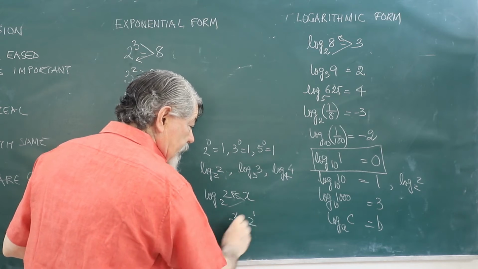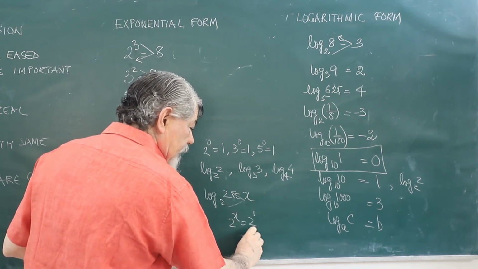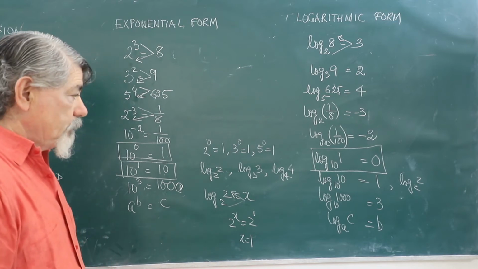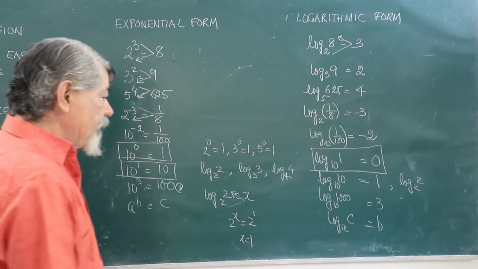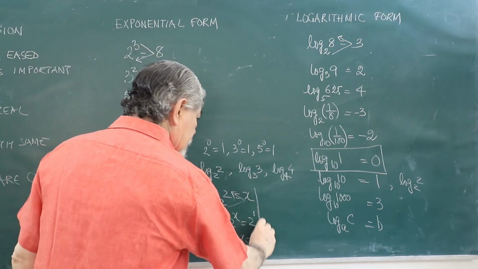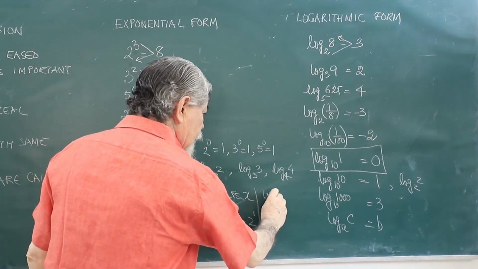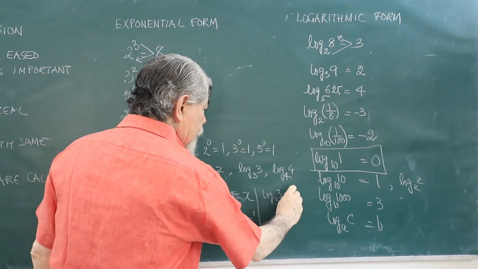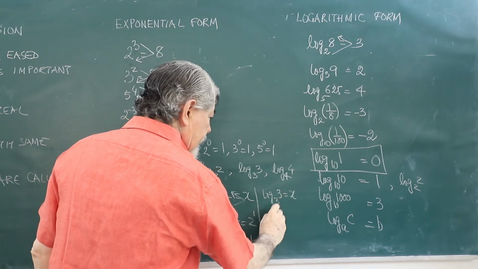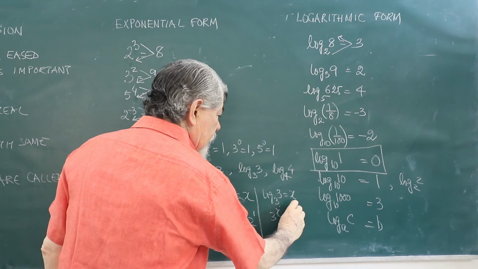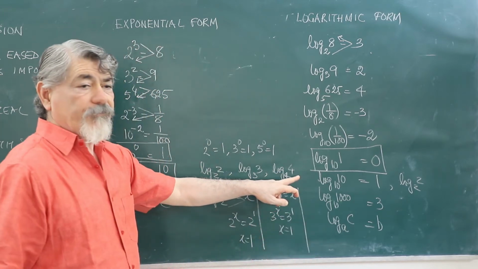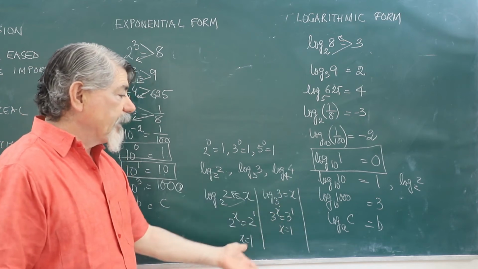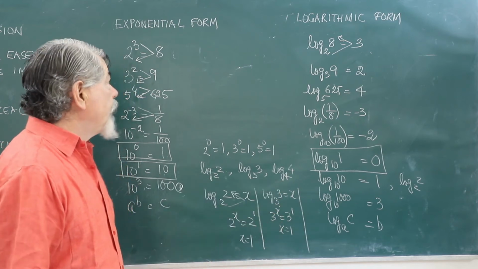That means 2 to the power x is 2, so x will be 1. So when the base is the same, the logarithm will be 1. Like log 3 to the base 3 is equal to x, so 3 to the power x will be 3, 3 to the power 1, x is equal to 1. Whether you calculate it for 4 to the base 4, you will get the value of x as 1.